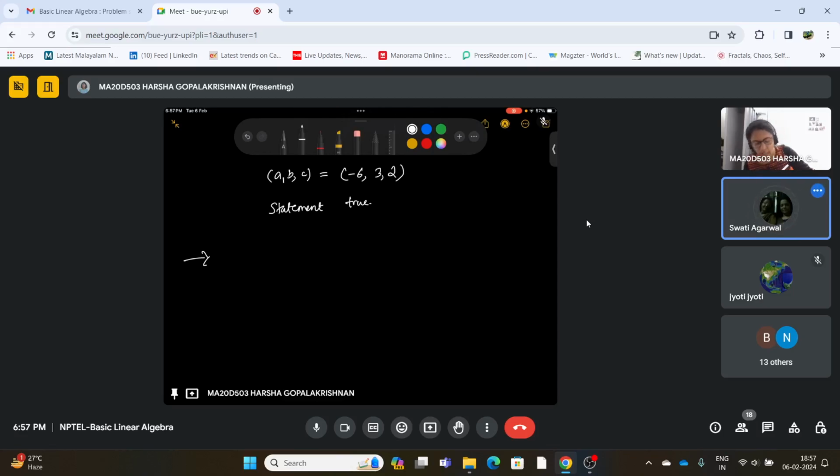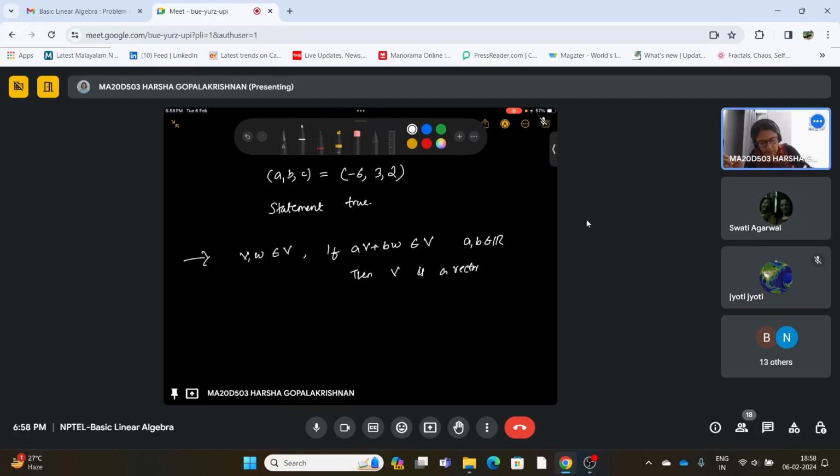Vector space means if there is a subset of Rn, you need to check whether it is a vector space or not. To check whether it is a vector space, you will consider two elements from that set, and if AV plus BW belongs to V for A, B in real numbers, then V is a vector space. That is the definition.